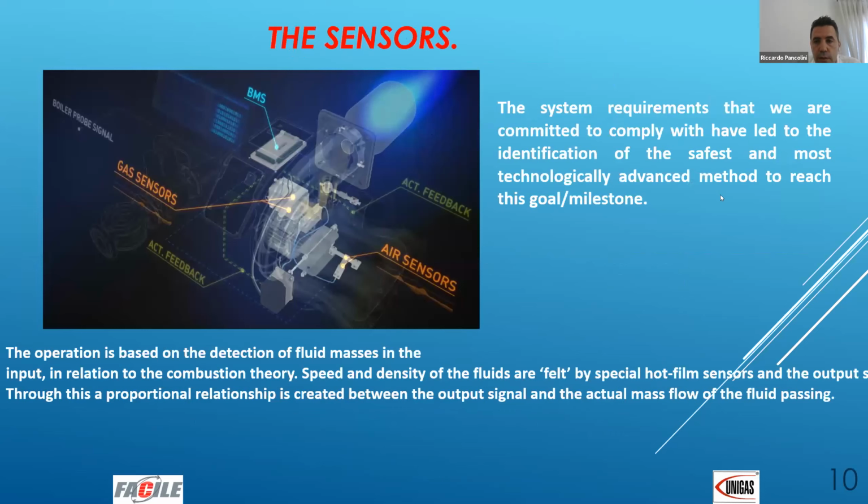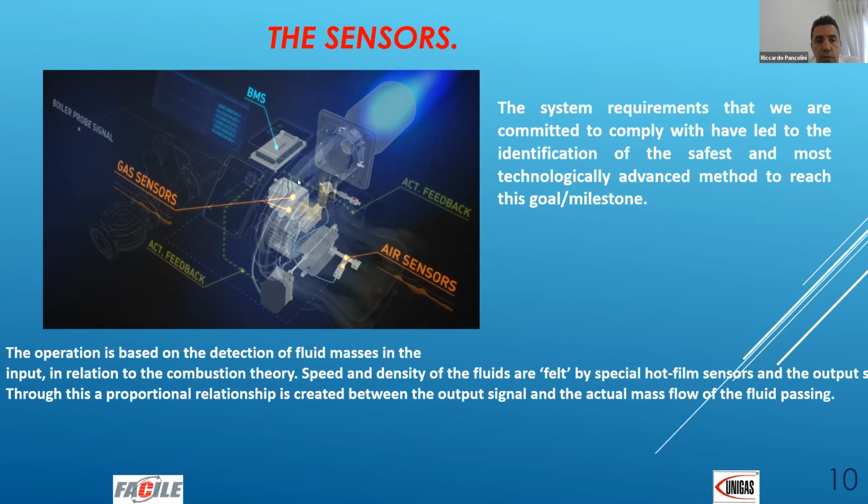And you can see here a little sketch of the system. We have the burner, so the combustion head, the fan, and the BMS, that is the mind of the control. There are two sensors, one for air and one for gas, directly connected with the BMS, and the actuators with the feedback going through the BMS too.